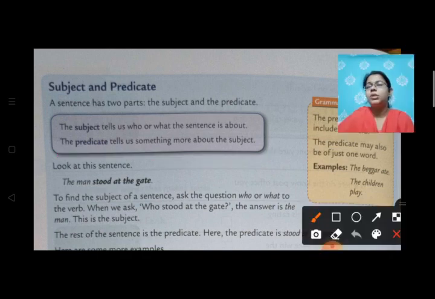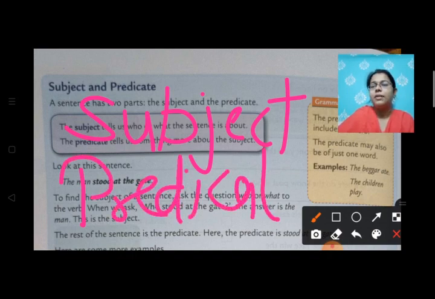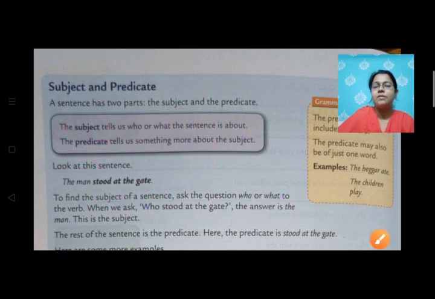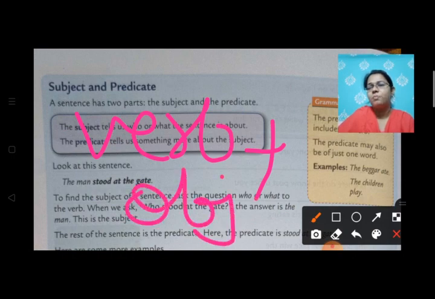So students, you need to remember that a sentence is divided into two parts. The first one is called the subject and the second one is called the predicate. And this predicate is again divided into two parts. The first one is the verb and the second thing is the object.